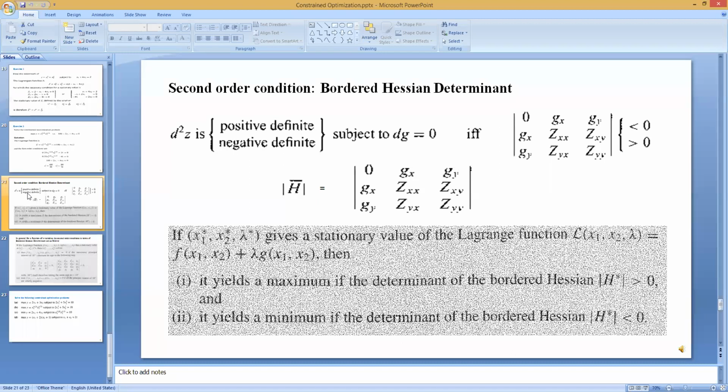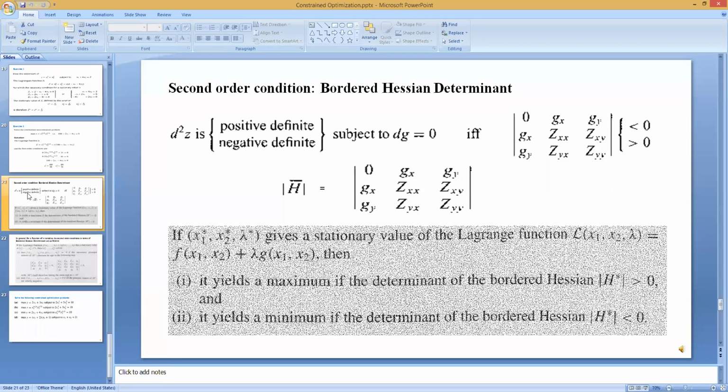Next, please write down: when all leading principal minors are positive, the underlying function is a strictly convex function.